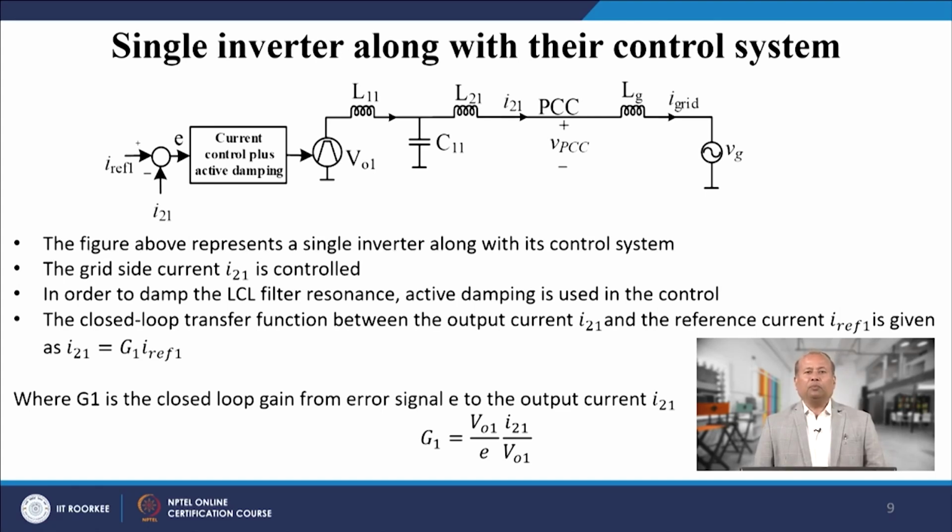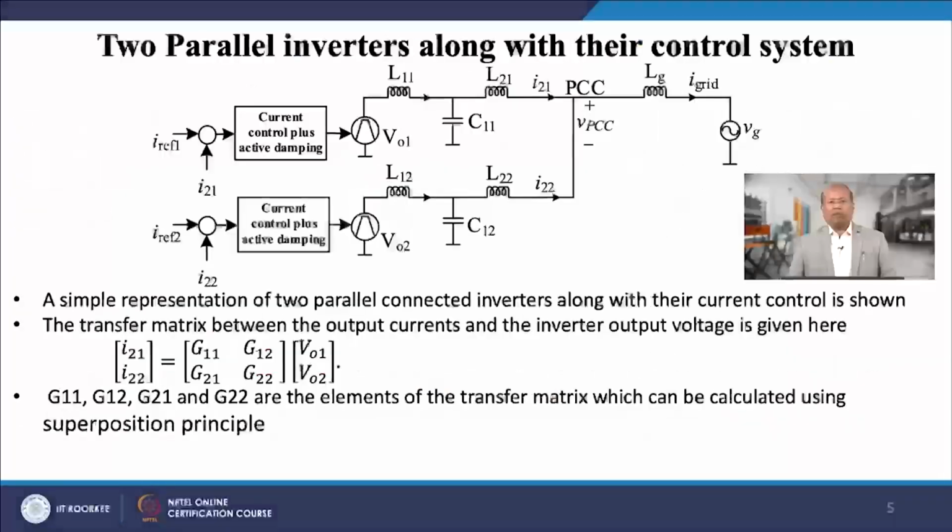The inverter output current I21 has only one current component. This component flows from the inverter to the grid. Now, let us see what happens if we connect one more inverter in parallel. Here in this figure, we can see two inverters connected in parallel.